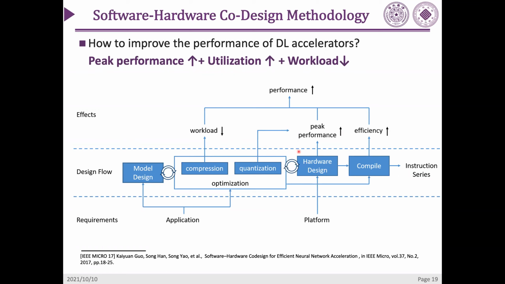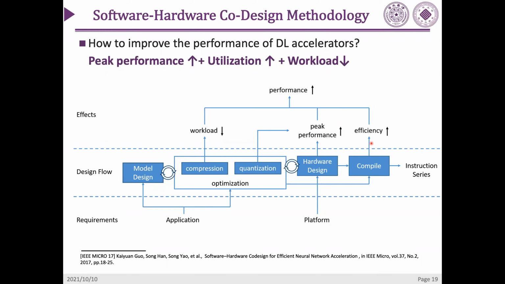Then, given a constrained area, you can put more smaller quantized modules inside. So the equivalent peak performance will become higher.